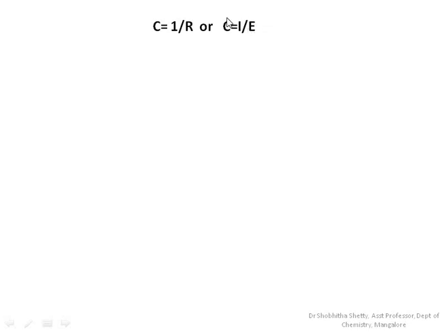E is the potential here, so this can be expressed in this manner, as well as the reciprocal of resistance, and it is always expressed in terms of per ohm or Siemens, indicated by S.